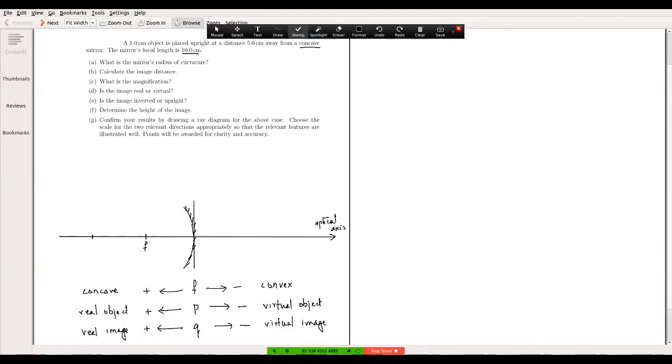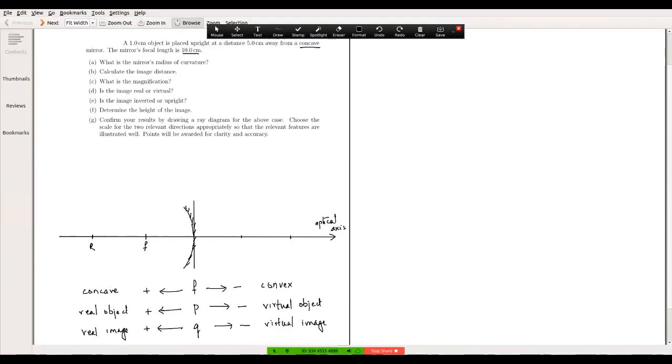So 2 times the focal length is the radius of curvature, and that is the same scale we can draw to the right also. And this is one focal length, and that's two focal lengths. Okay.